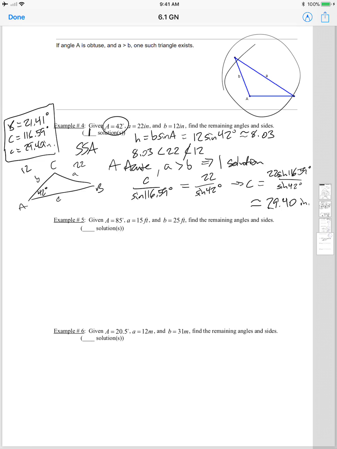Example number 5, let's take a look here. Let's check h is less than a is less than b. So h equals b times the sine of 85 degrees. Plug that into a calculator and we get h is about 24.90. Okay, so 24.90 less than 15 less than 25? Well, I can tell right away that that's not going to work.